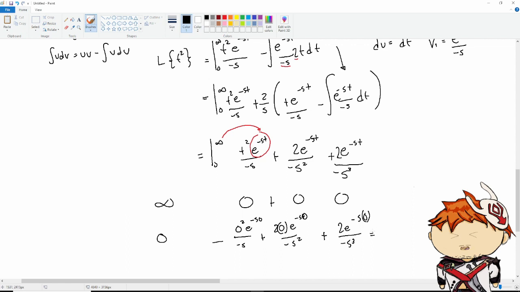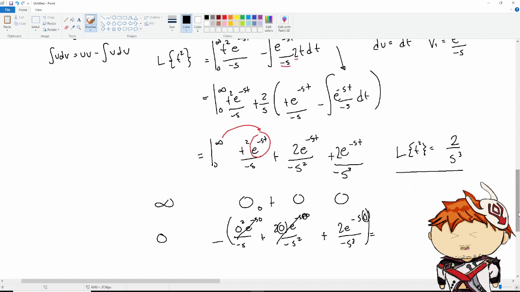Now the upper limit terms become 0, and what's left of your Laplace transform is 2 over s cubed. And that is the long method.